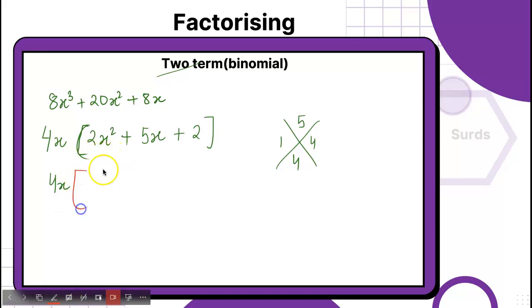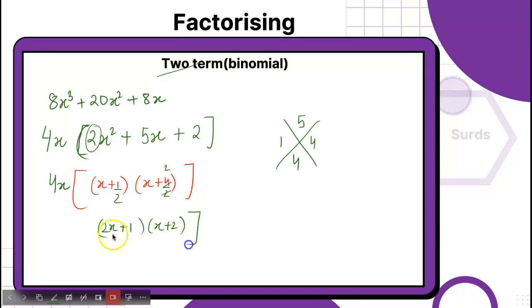Here we are going to be writing x plus 1 and x plus 4. The second thing is dividing it by that number, 2 and 2. So you can simplify and write it 2. So x plus 2, the second one, and the first bracket would just multiply this 2 with the x. 2x plus 1. And you have 4x outside.